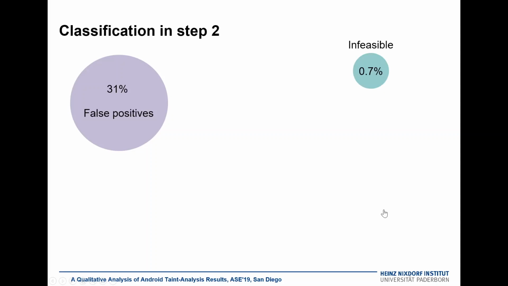In this way, we could classify the taint flows reported by FlowDroid. In step 1, we identified 31% of taint flows as false positives. In step 2, with the path constraints computed by COVA, we identified that 0.7% of them are infeasible because the path constraints are equal to false.